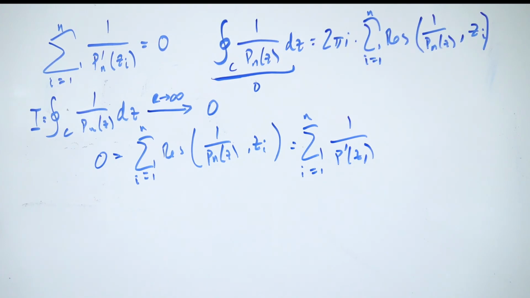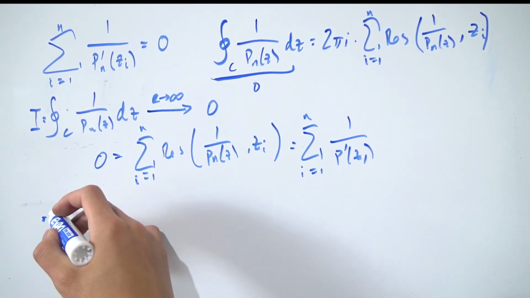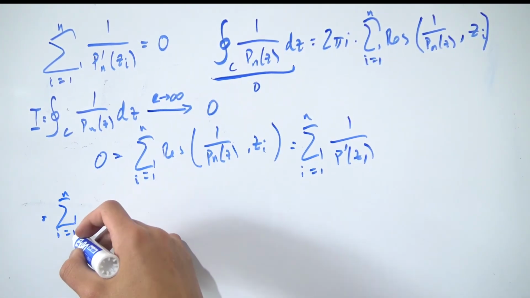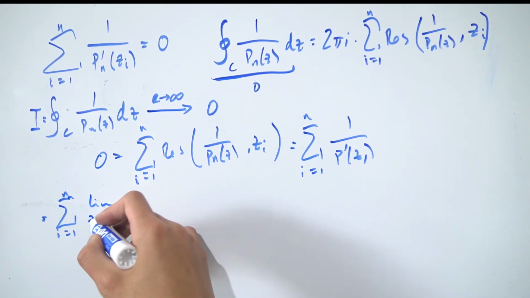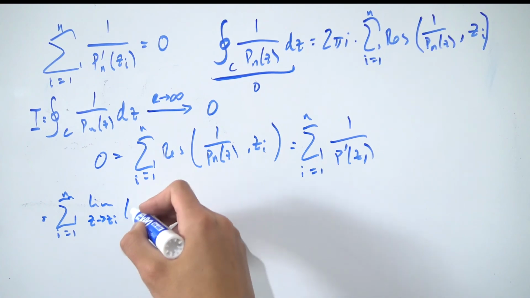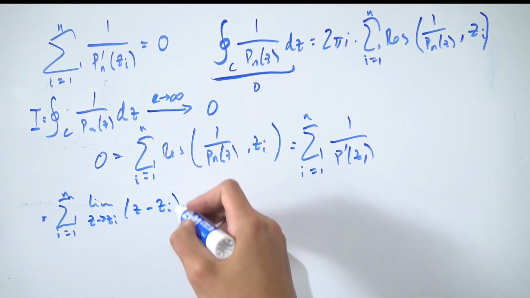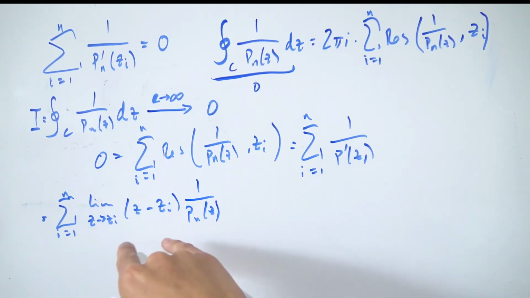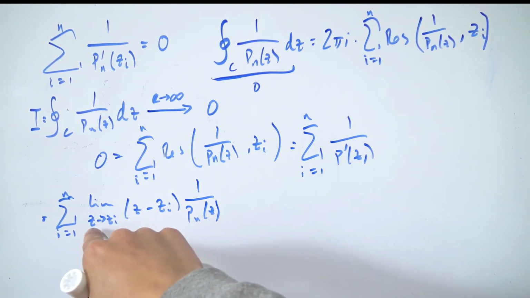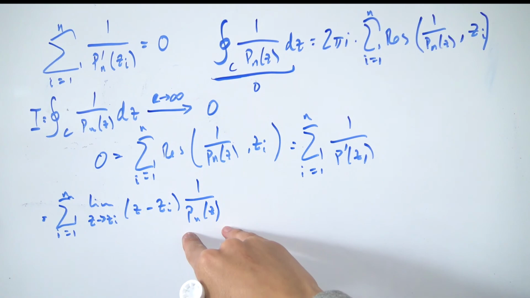And if you need me to prove that again, we can just use the definition of the residue. So this is the sum from i equals 1 to n of the limit as z approaches zi of z minus zi times the function, so 1 over Pn of z. While this numerator will go to 0 as z approaches zi, so will this denominator.